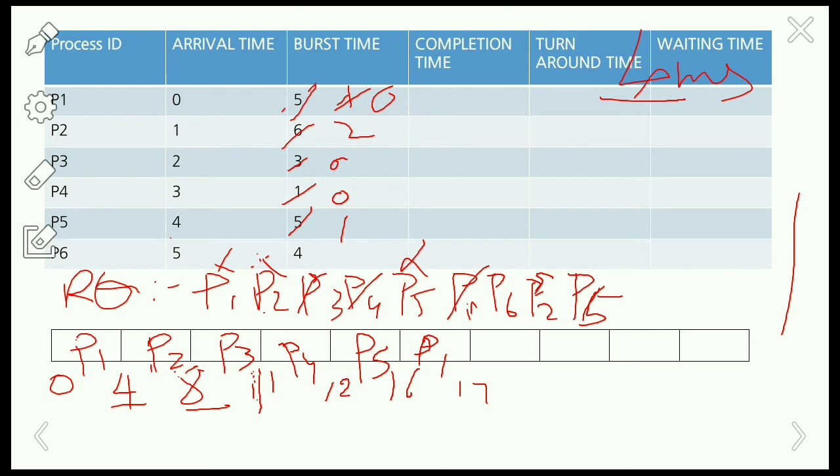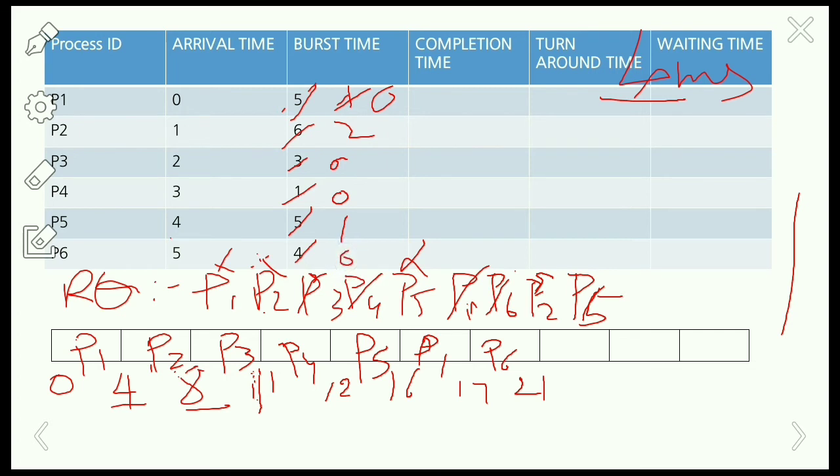P6, P2 and P5 are the available processes, so P6 will be allowed to execute for 4 units of time, that is 18, 19, 20 and 21. P6 has finished the execution completely, so it will become 0.